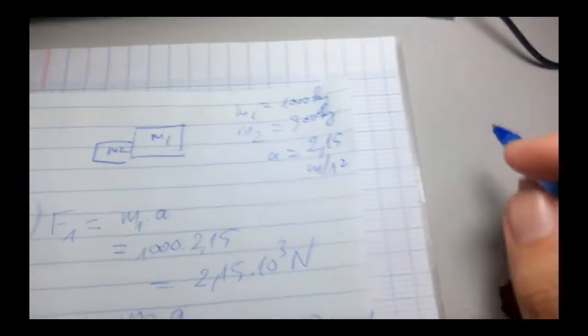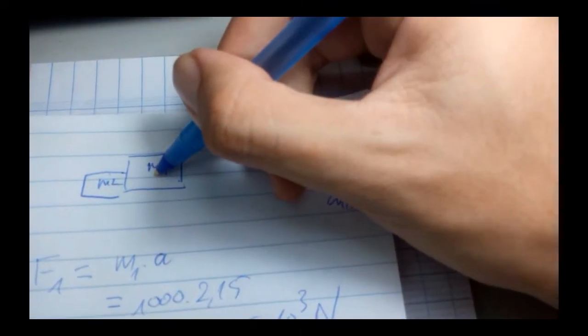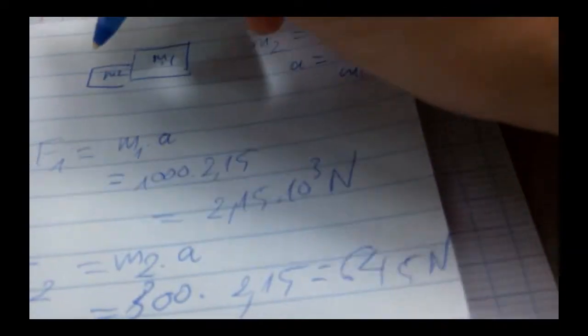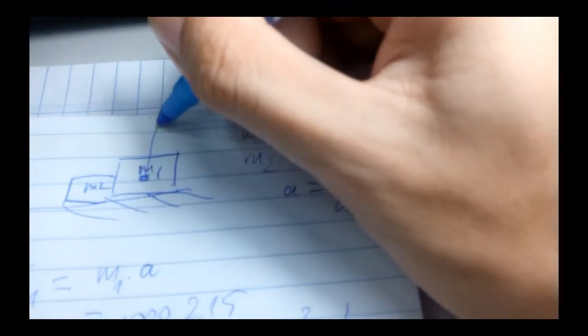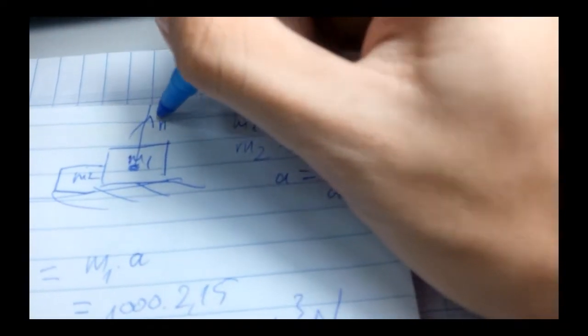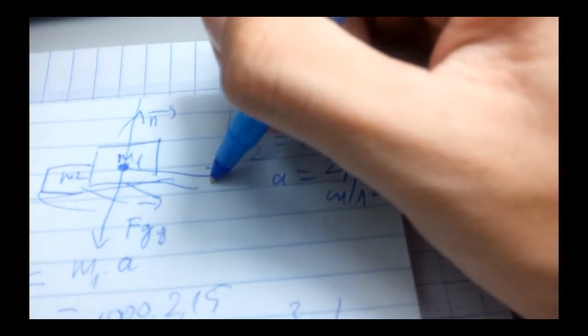Well, question D tells us to find the force the car exerts on the road. We'll have to draw it out. So here we use this. This is the force, and this is FGY, and this is FGX.